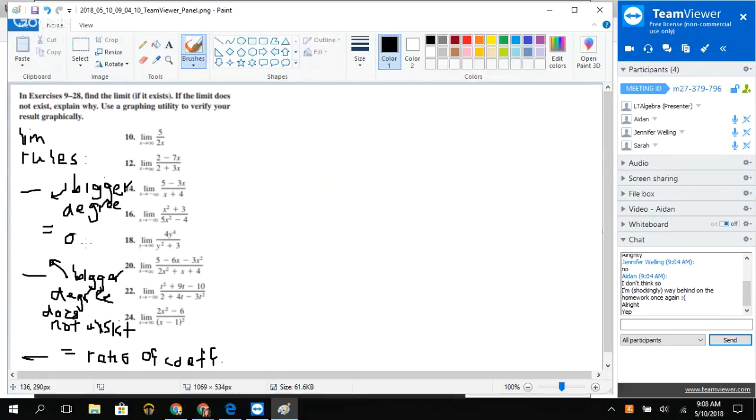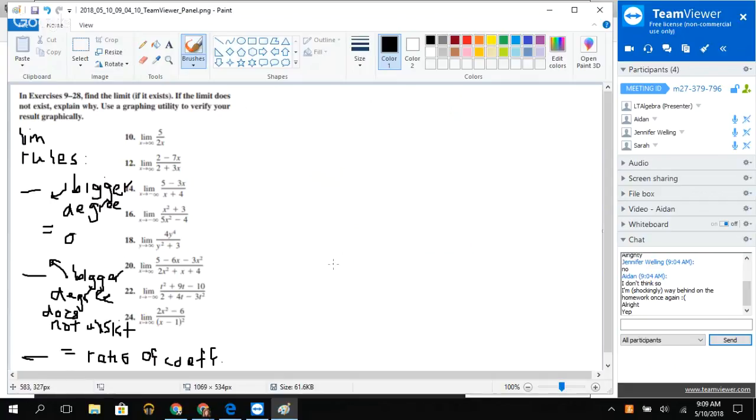By degree, I'm looking at the exponent on my variable. So in number 10, we have basically x to the 0 power over x to the first power. So my denominator is bigger, so the limit is always going to be 0.